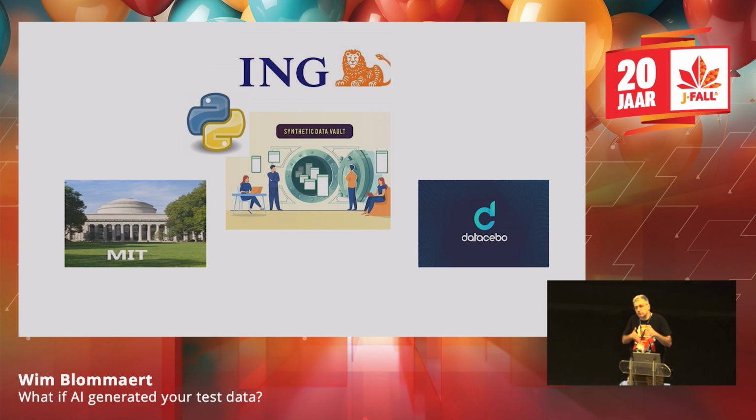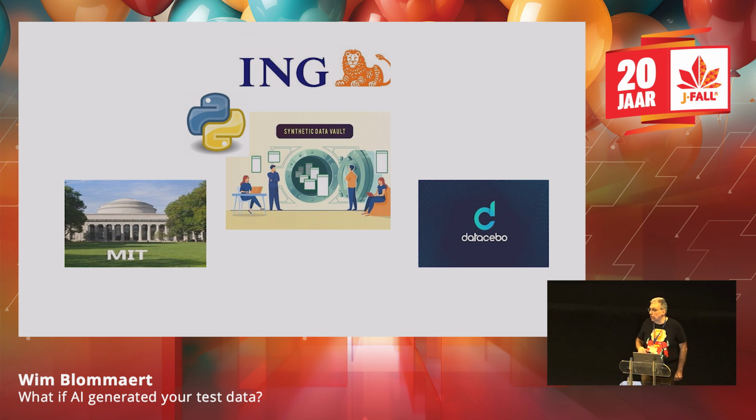Then 3 years ago, it became too big. I think now they have like 1 million downloads. When it becomes too big, typically they do a spin-out from the university, so they created a startup 3 years ago. It's called DataCebo, and that's our partner. We work with them and use their algorithms.